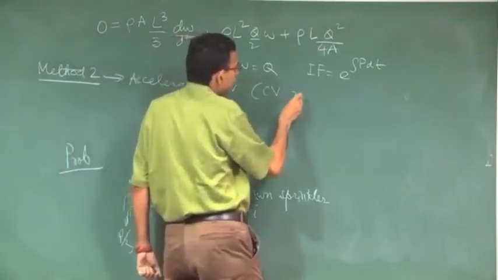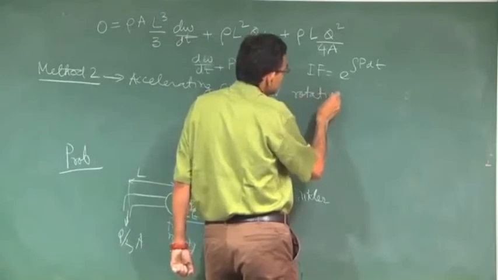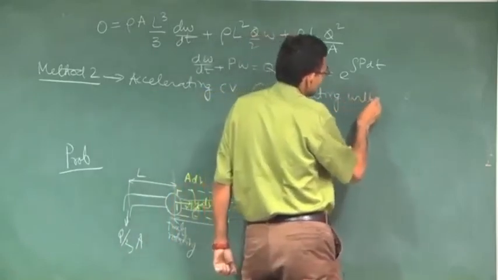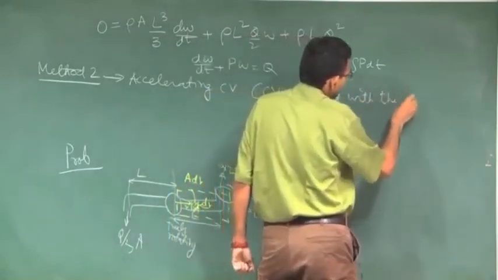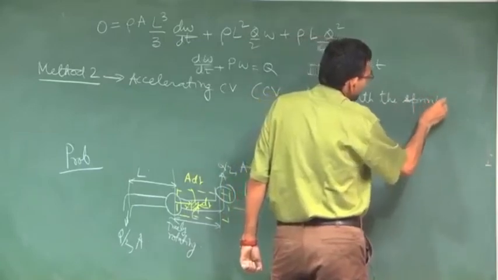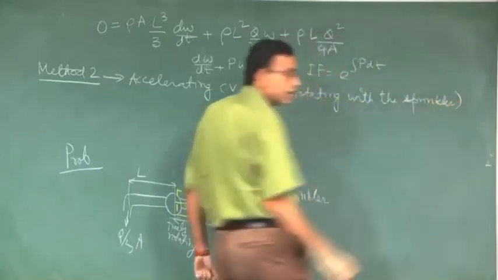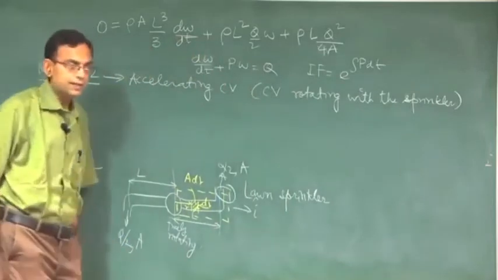That means a control volume rotating with the sprinkler. This has to be clearly specified because drawing-wise it is very difficult to distinguish this from the previous case.